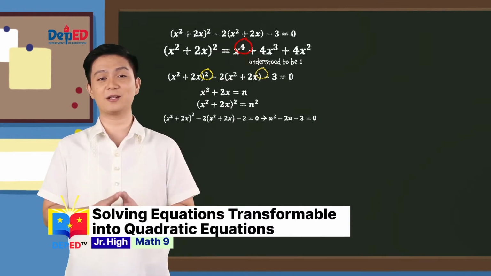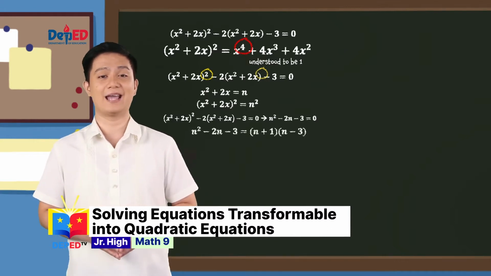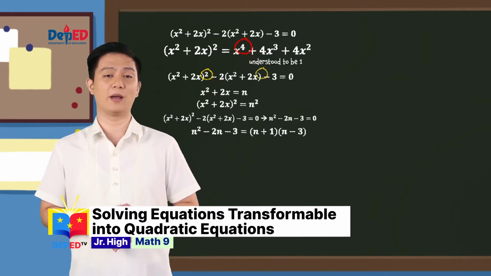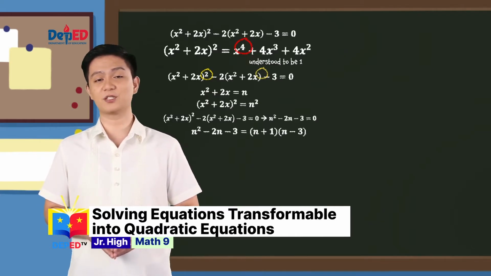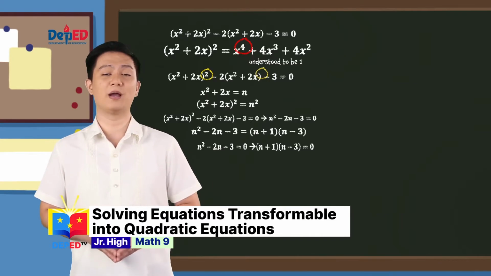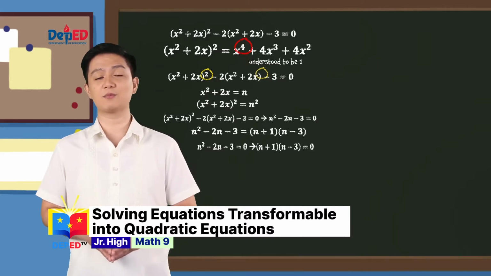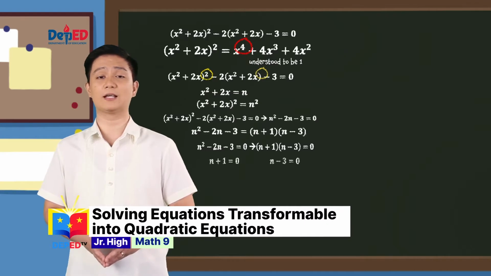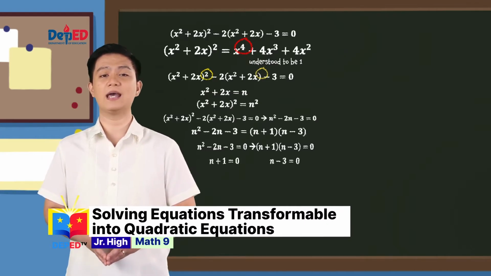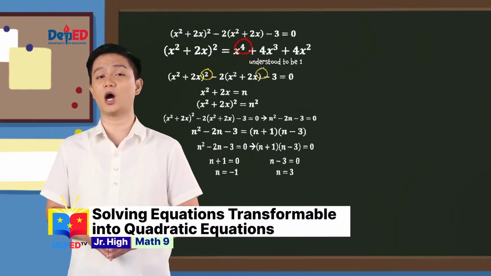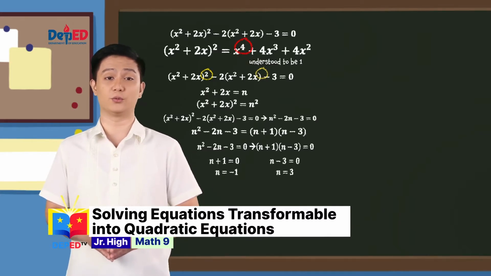And we can do it by factoring. N squared minus 2n minus 3 is equal to the binomial n plus 1 times the binomial n minus 3. So, the equation can be written as binomial n plus 1 times binomial n minus 3 equals 0. Equating each factor to 0 and then solving for n, we must get that the values of n are negative 1 and 3.